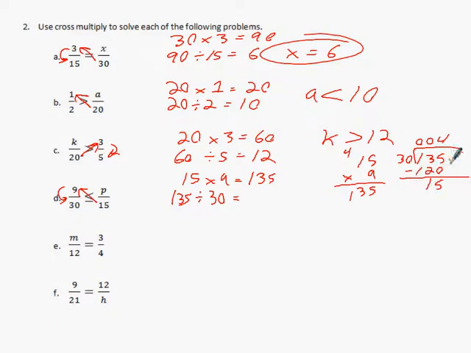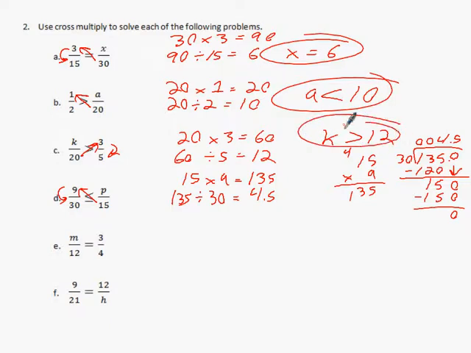Subtract, I get 15, bring down a 0. 30 goes into 150 5 times, 150, and our answer is 4.5. I'm going to circle these so I don't lose them. So 4.5 less than or equal to P.